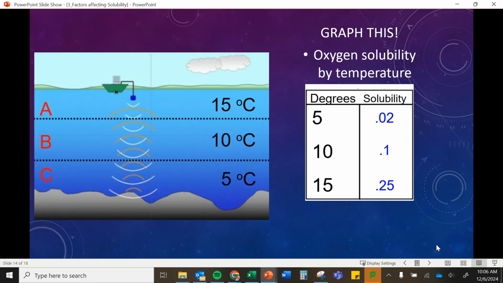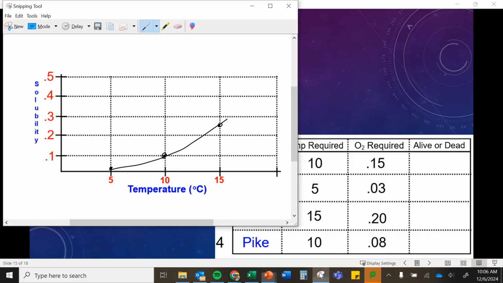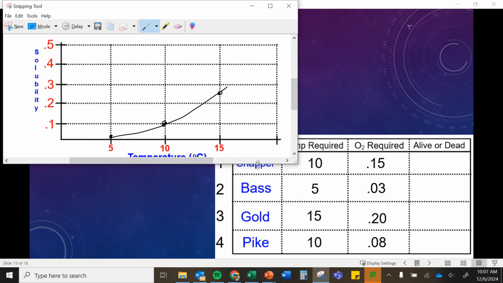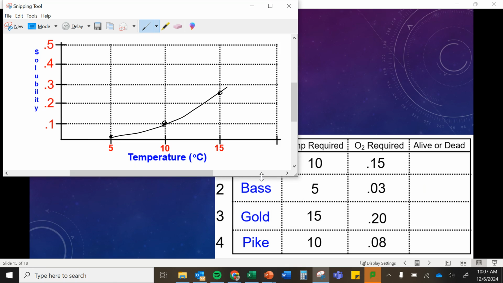Okay, and now we're going to look at some different fish. So we have this first fish, the snapper. The temperature required is 10 degrees Celsius, and oxygen required is 0.15. So 0.1 is how much we have.